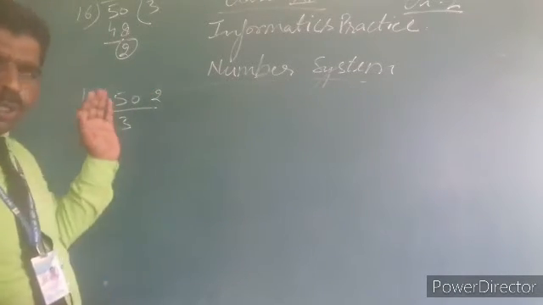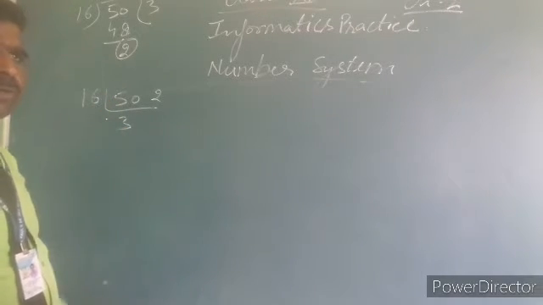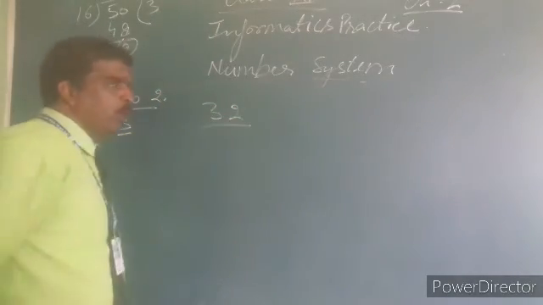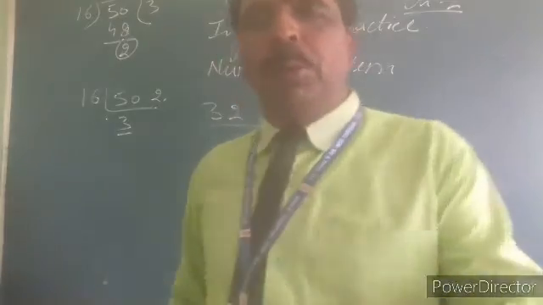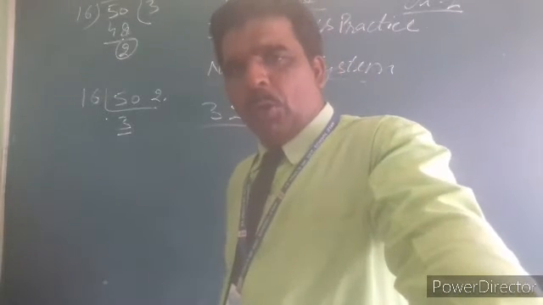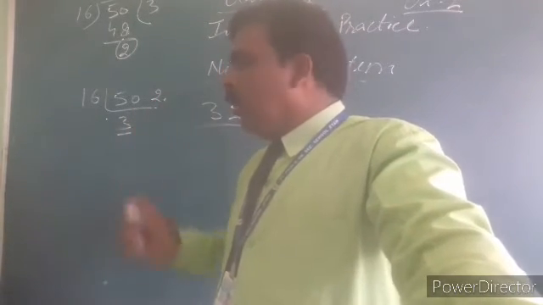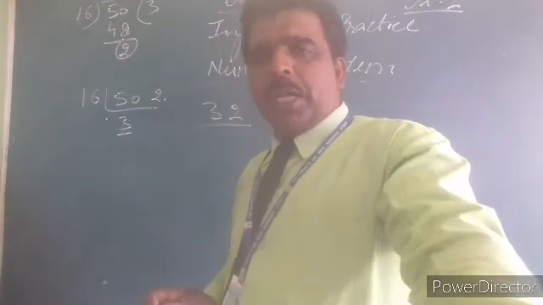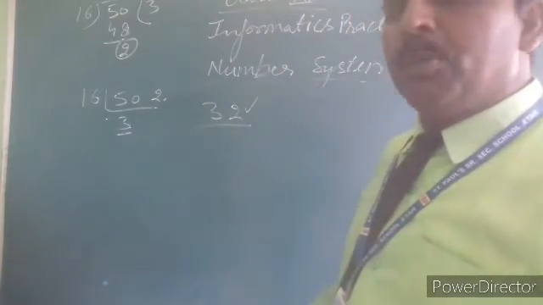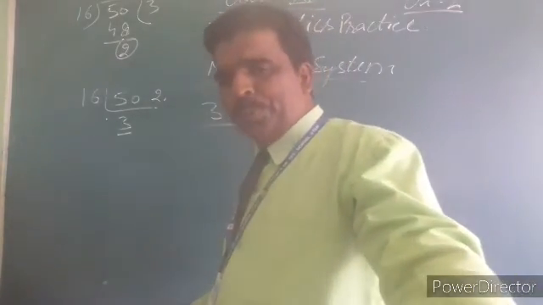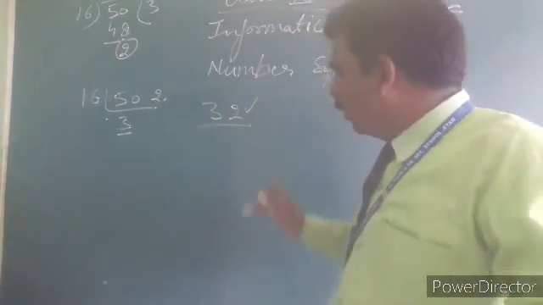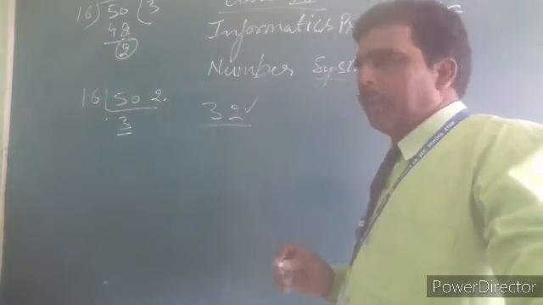Again, if you want to divide, it is the smaller value, so 3 and 2 means 32. 32 will be the hexa number of 50. The number 50 we know as a decimal number, but it is understood in hexadecimal as 32. Again we can check whether it is correct or not.